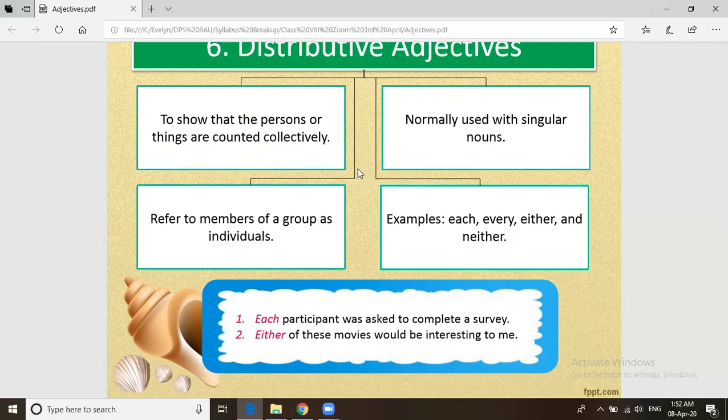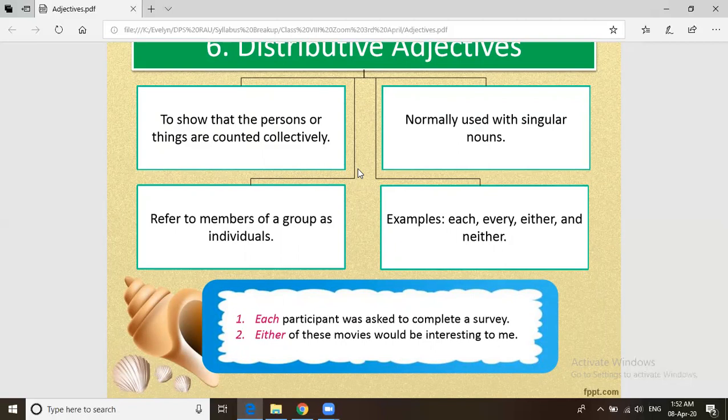So here all is not distributive. All is a quantifier, it tells you the quantity. But each, either, every person takes that collective entity into different compartments, or refers to them as individuals.